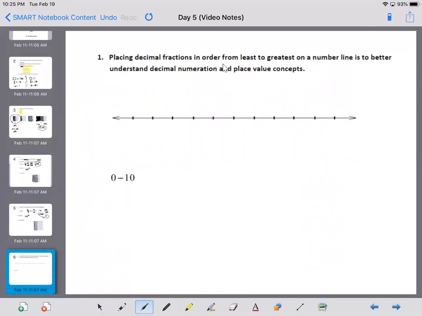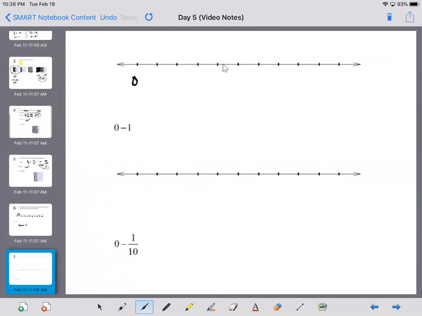In regard to the number line with decimals, so far everything has been whole numbers. When we're looking at measurements, what I'm asking you to do now is to think, let's look inside that 0 to 1, and we just want to zoom in on that piece there. And so that gives us from 0 to 1, and then everything inside there would be tenths.